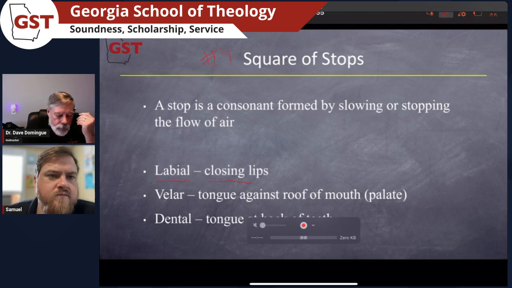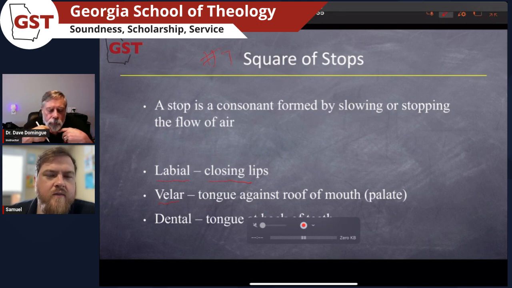Then there are some sounds where the tongue comes against the roof of your mouth, the palate, like k, k. That's called a velar.